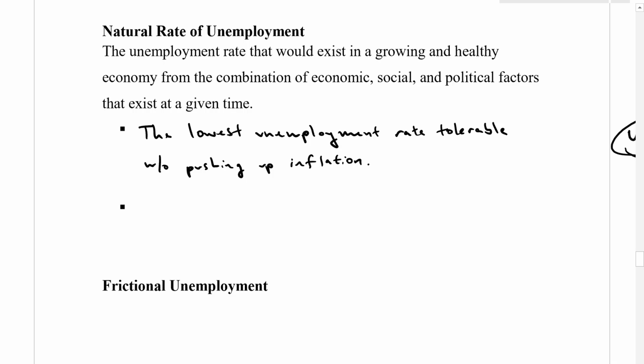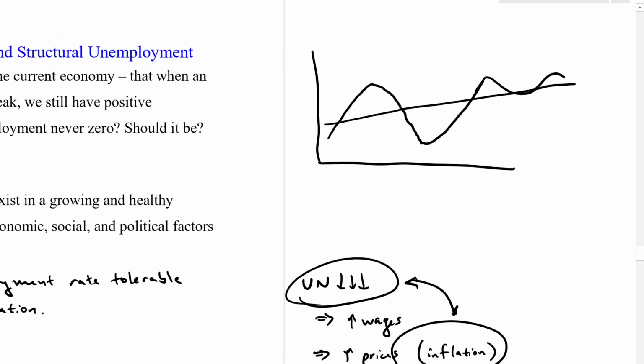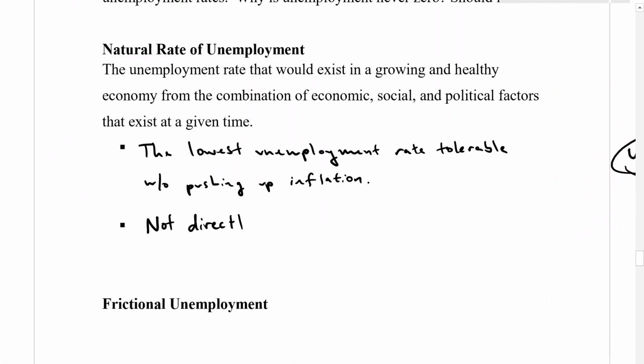And this is not directly observable, because we only observe the current unemployment rate at any given point in time. So it's not directly observable, and it's hard to estimate.